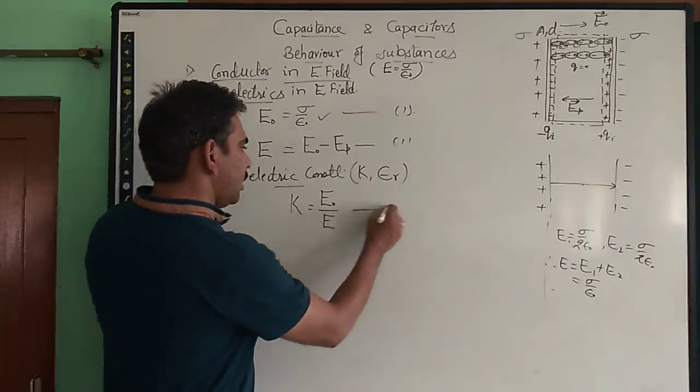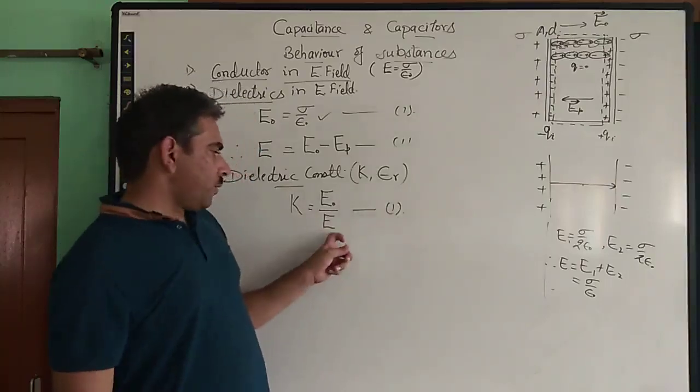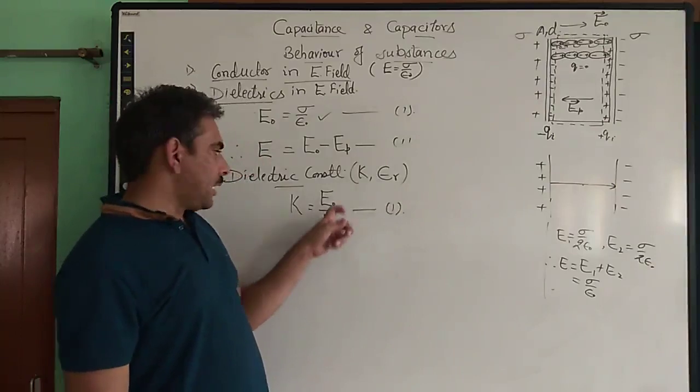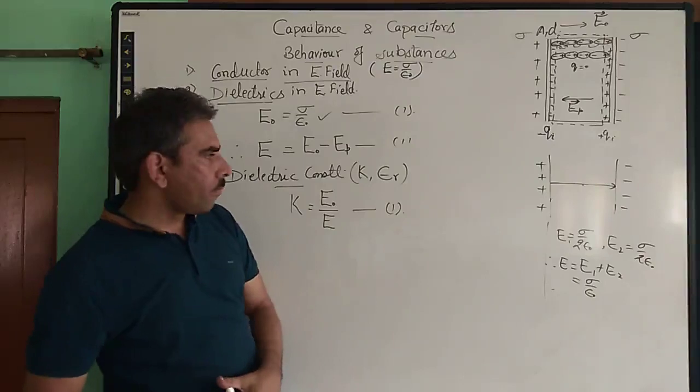So this is the dielectric constant of the substance. The more the reduced value of the electric field, the less polarization has taken place, and K will be less. This is what it means.